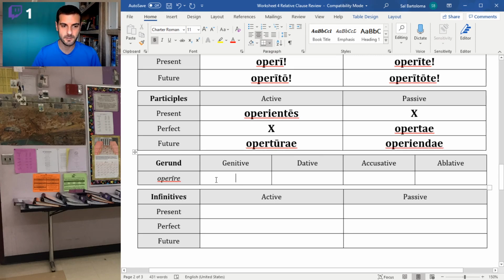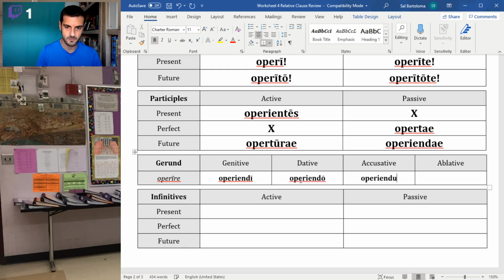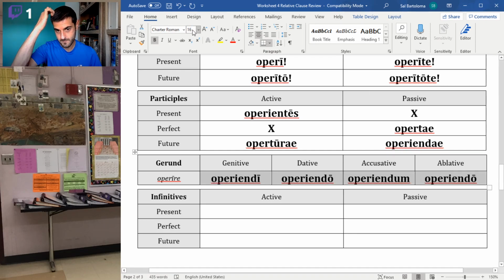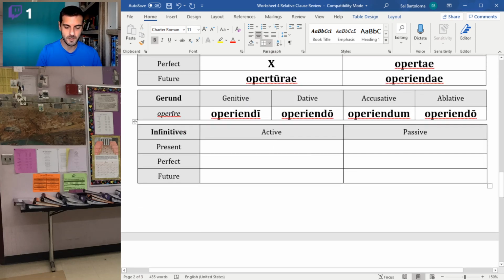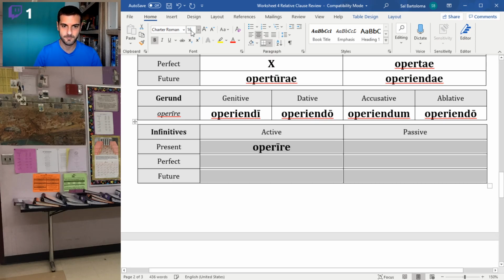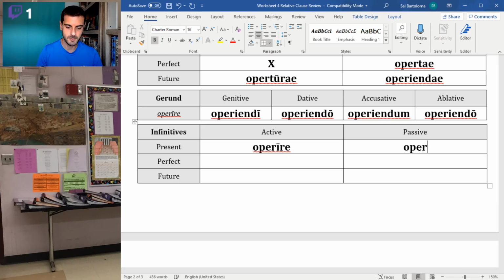Operire, for my gerund, I get operiendi, operiendo, oops, don't need that long mark, operiendo, operiendum, operiendo. So it's the I and the E for this form. Infinitives, often used in indirect statement, we have operire. Passive would be operiri.